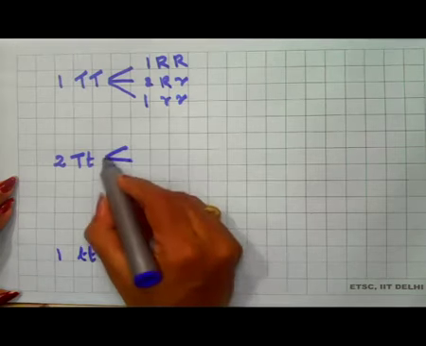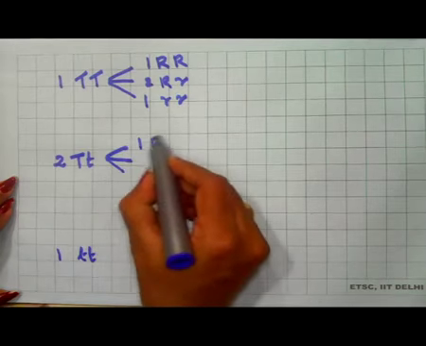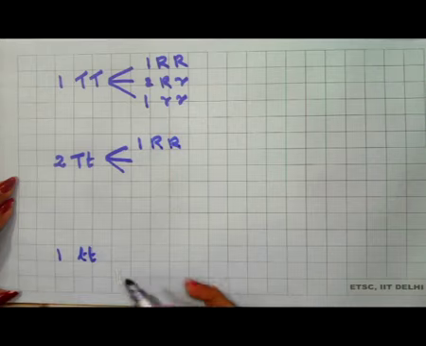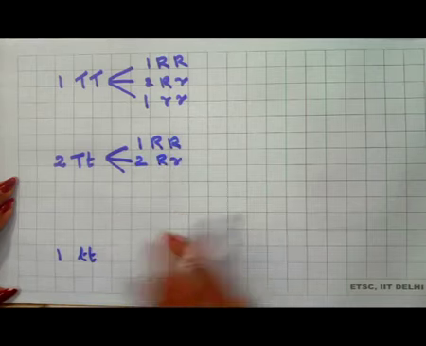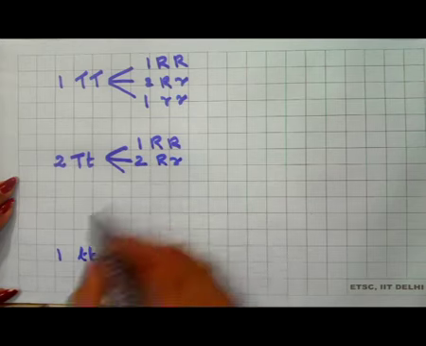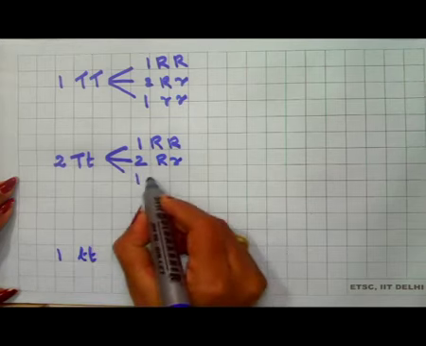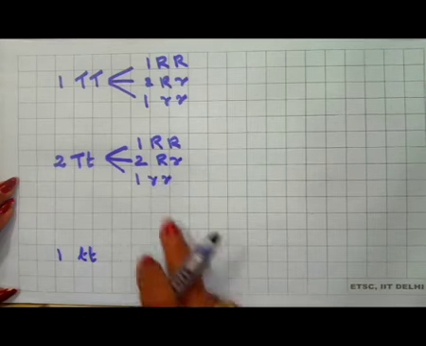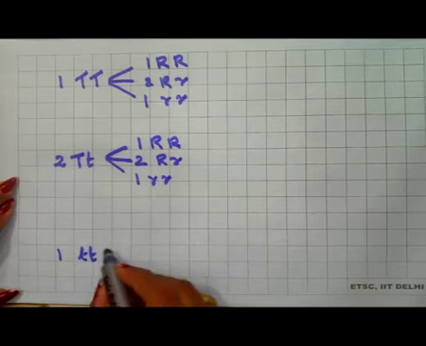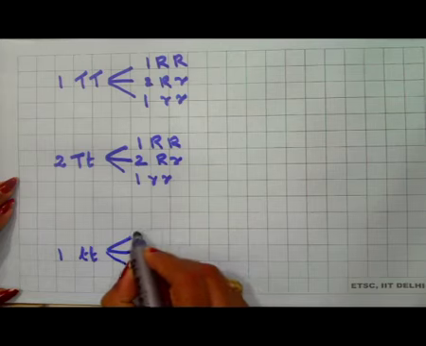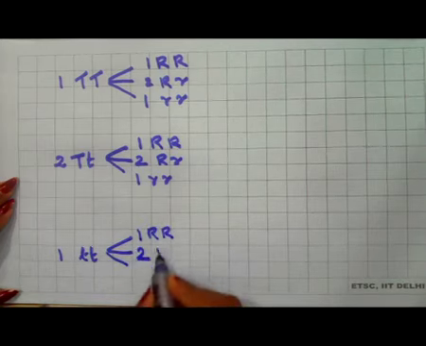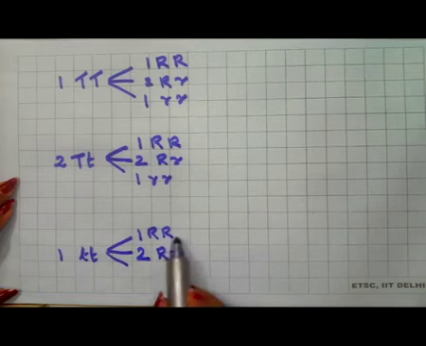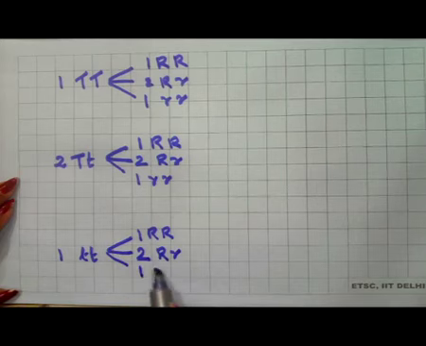This is also like this, 1 capital R you have to write, 2 individuals heterozygous, capital R, small r, and 1 recessive, small r. Repeat the same pattern and write in the same way, 1 capital R and 2 capital R, small r, again 1 small r.